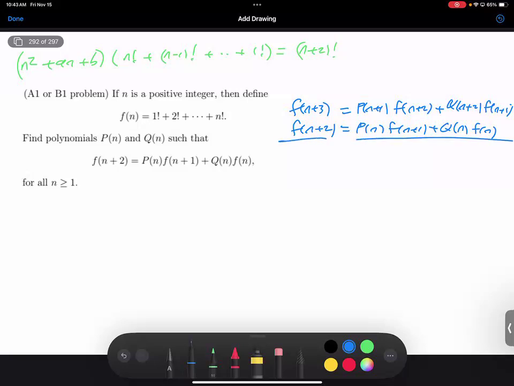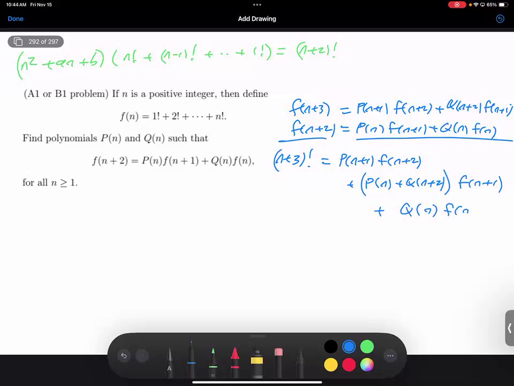And so now if we subtract, we would just get (n+3) factorial is going to be, we have an F_{n+2} term, so it's going to be a p_{n+1} F_{n+2} plus p of n plus q_{n+2} F_{n+1} plus q of n F_n.